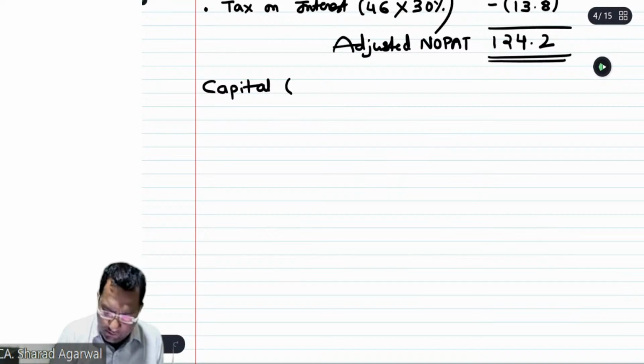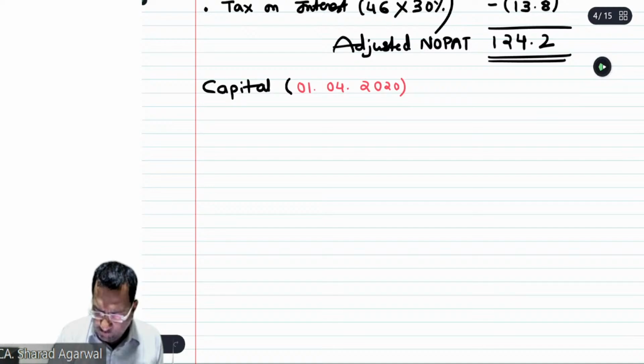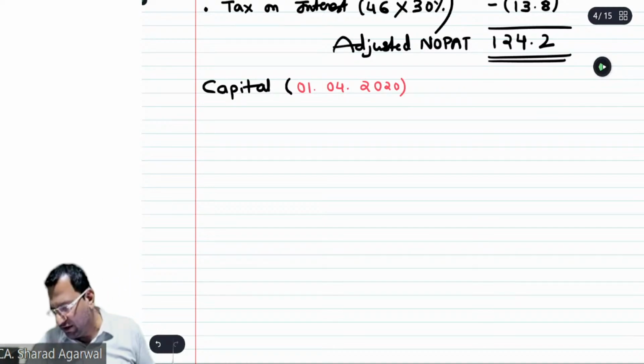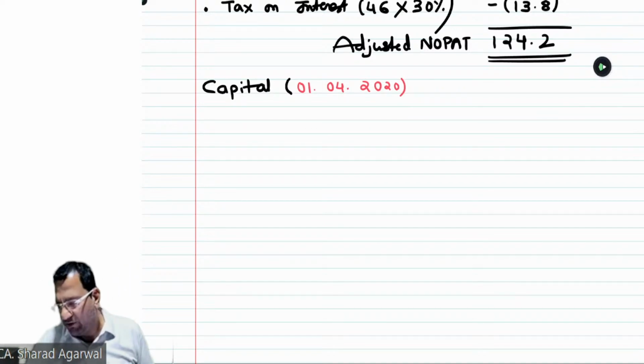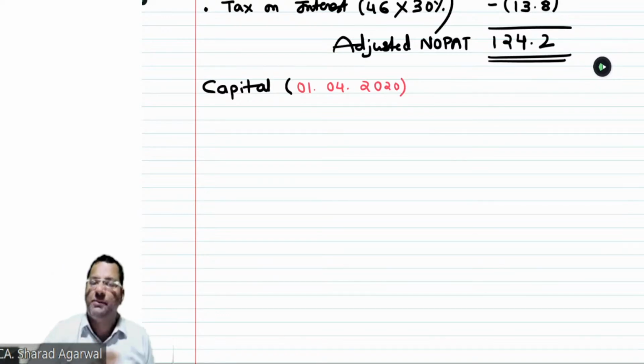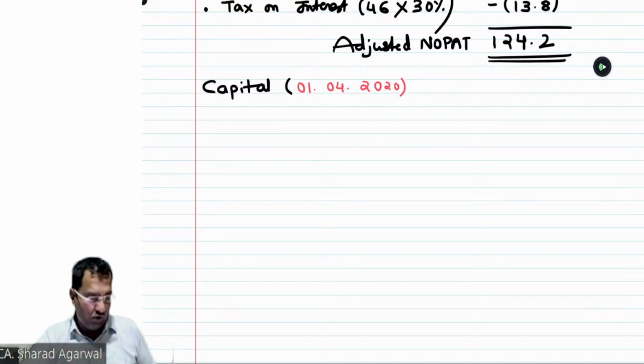Capital, okay. So capital is required as on 1st April 2020. Now please tell me, beta, what amount of capital we will take, whether it's 1495 or 1422. Do we have to take 1495 as capital or 1422? Please communicate to me. 1495 or 1422.